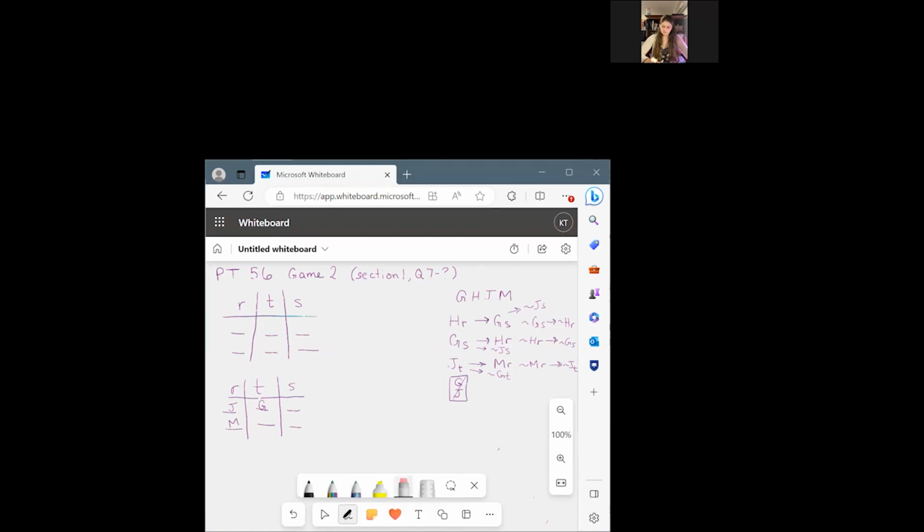So now what do we learn? That J can't be under T. Good. Does that trigger any rules? It might, it might not. Just take a peek.